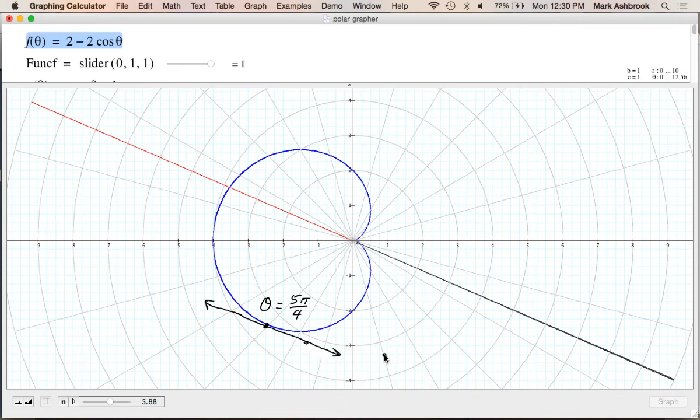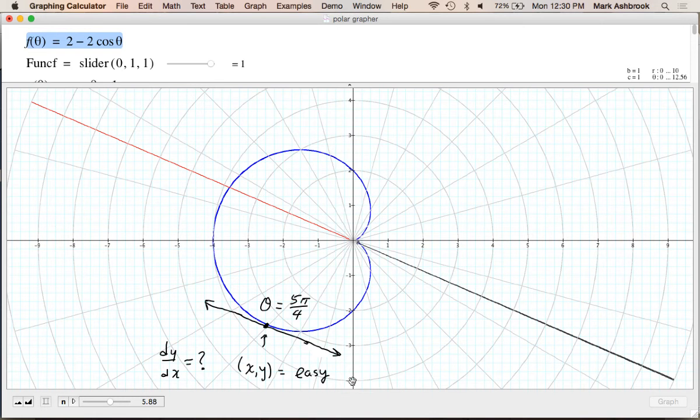What will I need? Okay, right. I'm going to need the point x, y. And I'm going to need dy dx. x, y should be easy, right?